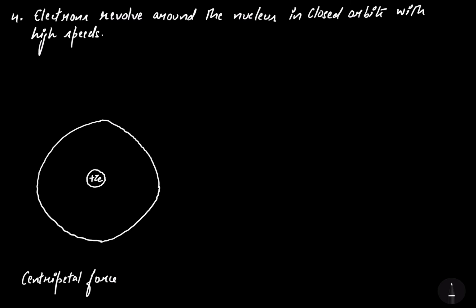What do we understand by centripetal force? Assume the electron is at this point. The nucleus is positively charged and the electron is negatively charged, so the nucleus will try to attract the negatively charged electron.